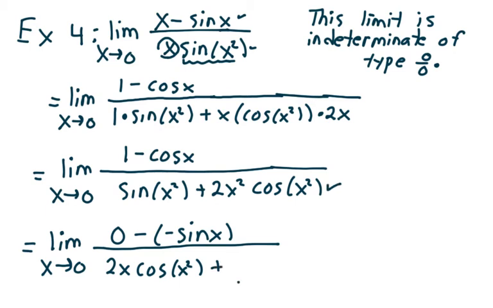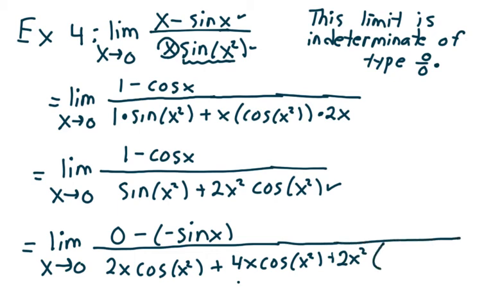So I'm going to take the derivative of 2x squared, which is 4x, cosine of x squared, plus 2x squared, times the derivative of cosine of x squared, which is negative 2x sine of x squared. So this problem is long.